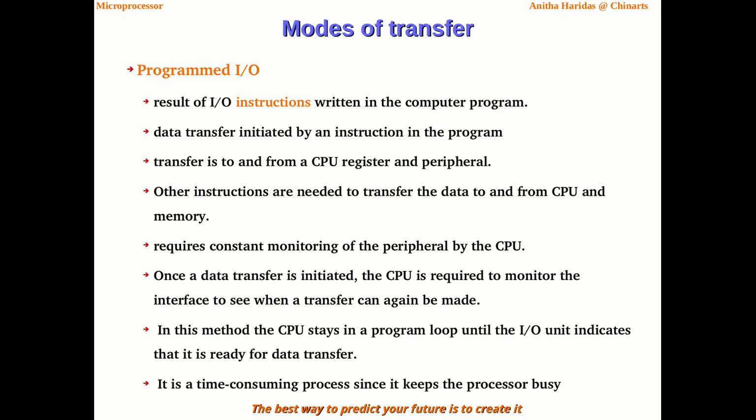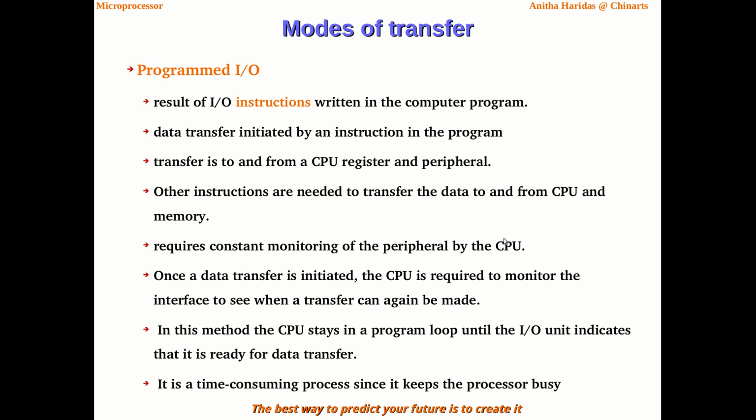So this is how the data will be transferred in the programmed input output. I repeat, the data cannot be directly transferred from the memory to the IO device. So you need other instructions to transfer the data to and from the CPU and the memory.